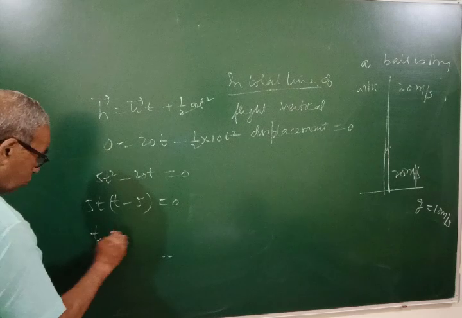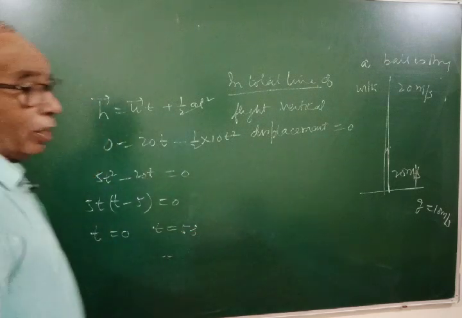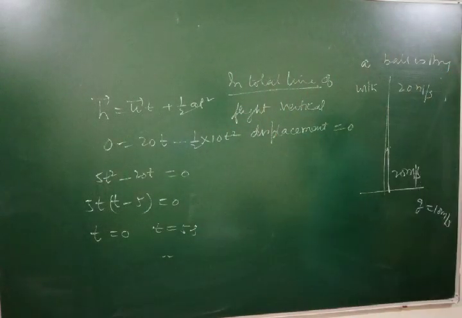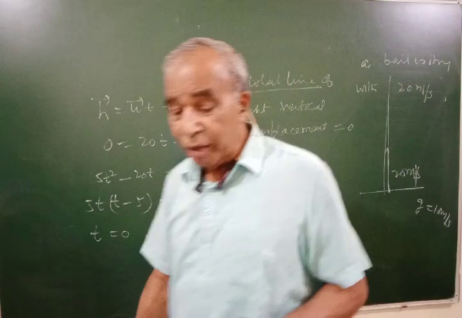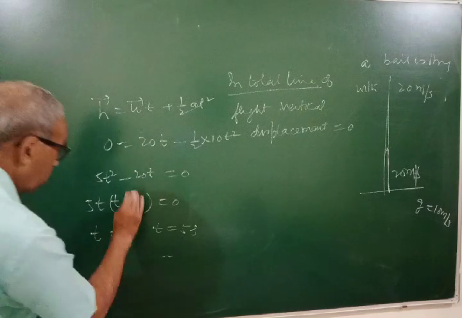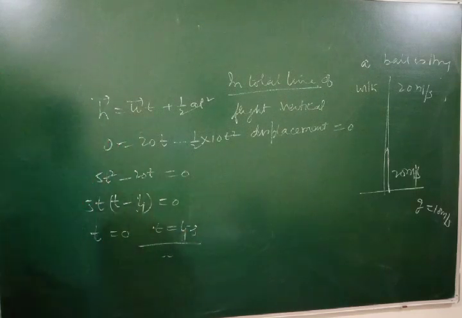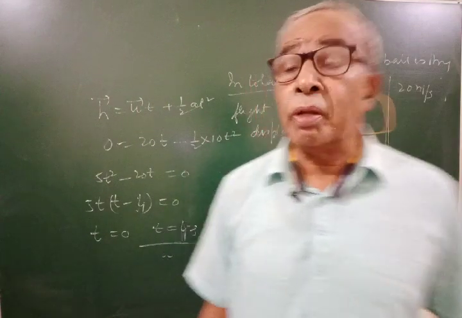From here t equal to 0, t equal to 4. What does it mean? Where the body was at t equal to 0, it will be at the same point after 4 seconds when it is thrown vertically. So the time of flight is 4 seconds. Sorry, I said 5 earlier, it is 4.